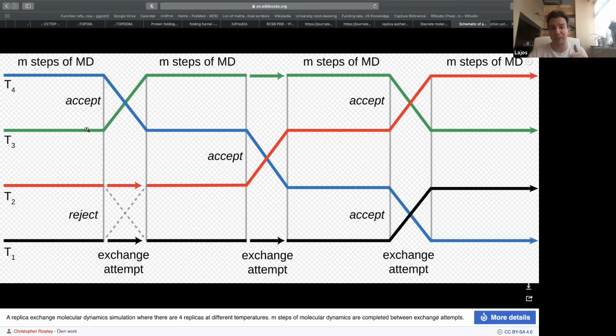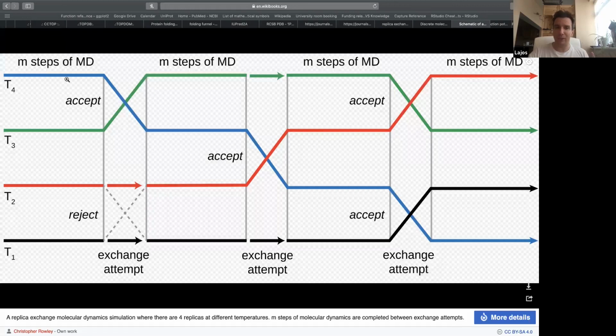You are running your simulations within these boxes, but at certain times you are allowing an exchange. This is why it is called replica exchange simulation, because you have multiple replicas and you are exchanging them. As you can see here in the first exchange, the black and the red remained in their original temperature and box, but the blue and green changed.